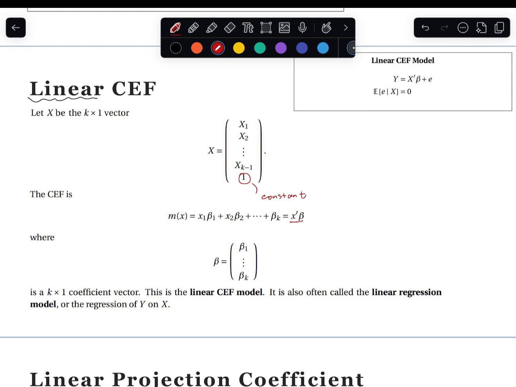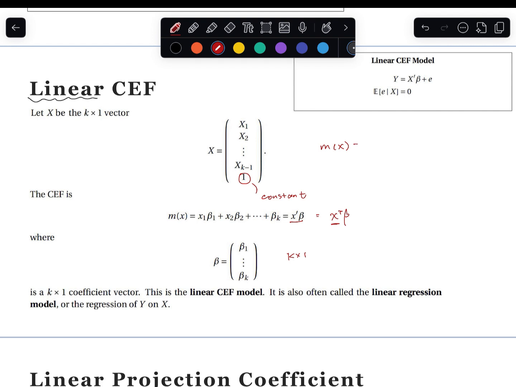So here it is x transpose beta. There are similar things, but we didn't use the transpose in this textbook. And beta is another k by 1 coefficient vector.